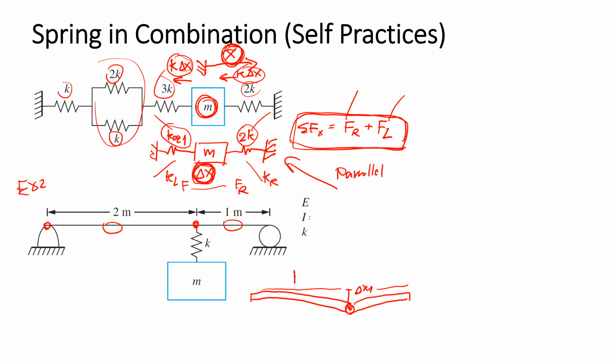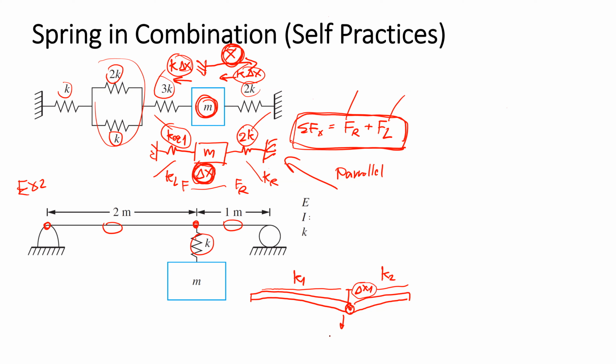We may have K1 of the beam. We have K2 of the beam, and K1 and K2 are constrained with the same vertical displacement, and both K1 and K2 generate the force in the upward direction to the box, to the spring.